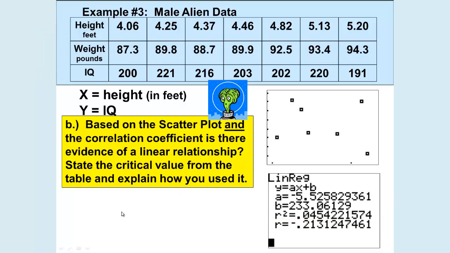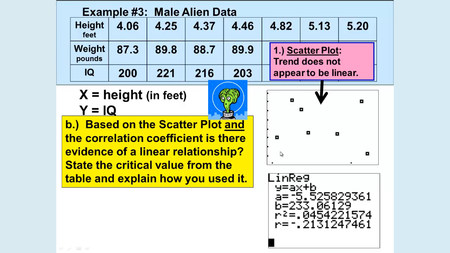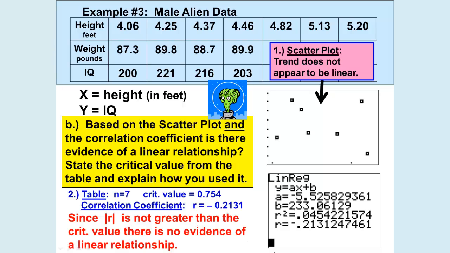Based on the scatter plot and the correlation coefficient, is there evidence of a linear relationship? State the critical value from the table and explain how you used it. The scatter plot tells us that the trend does not appear to be linear. The points are scattered, and the slope, if there was a line, looks to be 0. In the table, n equals 7 paired data, and the critical value is 0.754.